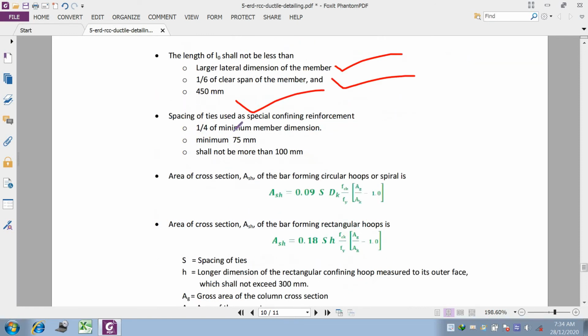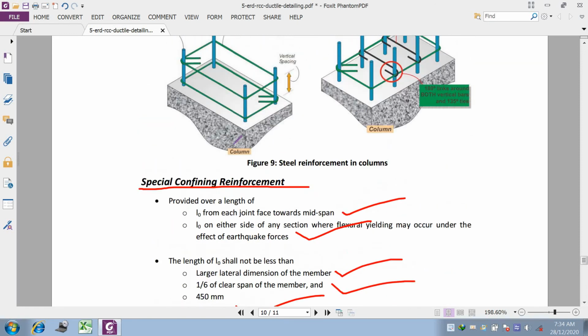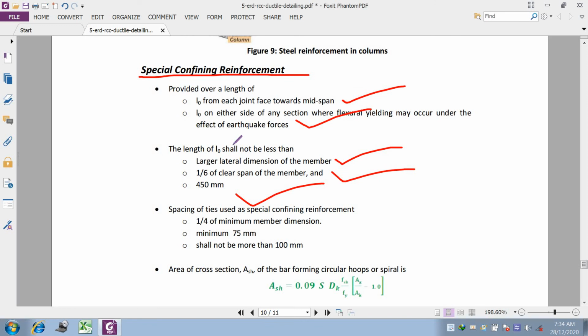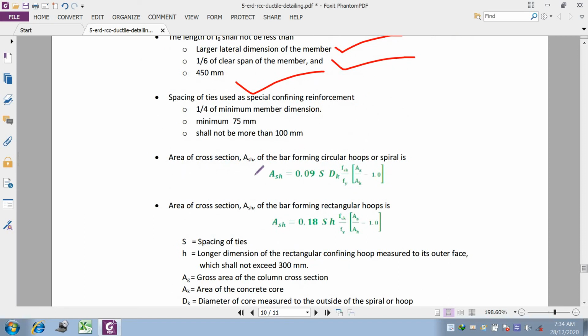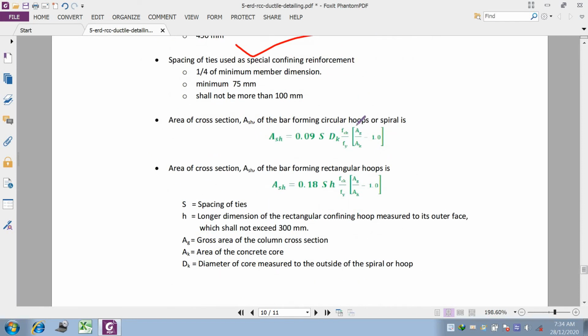So these are all the provisions of the design of the compression member that you have already seen in your RCC course, I think. As per IS 456 these clauses are the same. Then the area of cross section Ash can also be used. This formula is also for the circular hoop. The circular tie and spiral formula is available in IS 456 also.